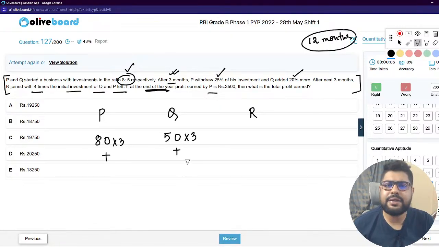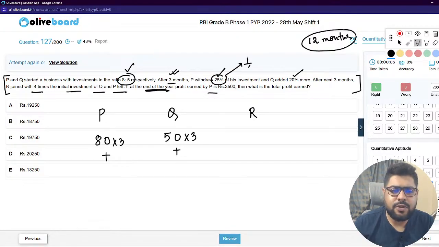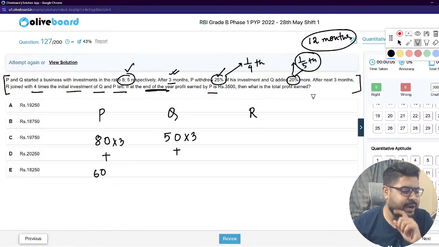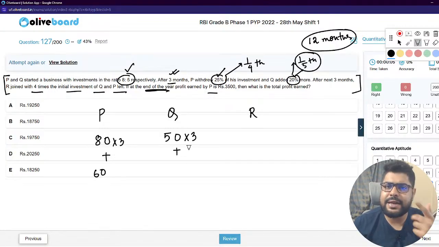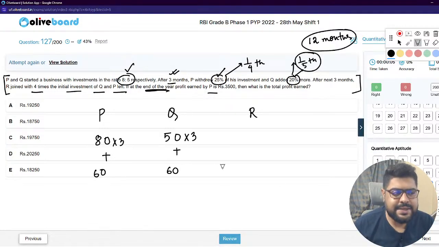After 3 months, P withdrew 25%, meaning 1/4. 1/4 of 80 is 20, so he withdrew 20 and has 60 rupees now. And Q added 20%, meaning 1/5. 1/5 of 50 is 10 rupees, so Q also has 60 rupees.